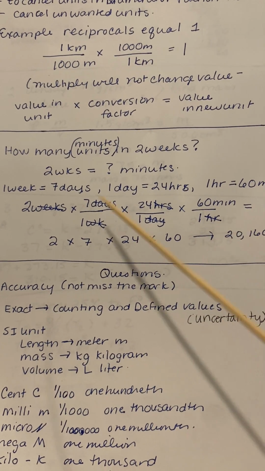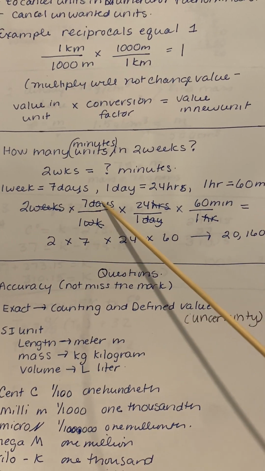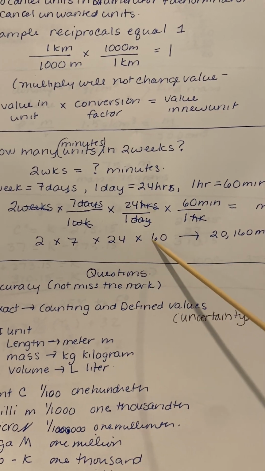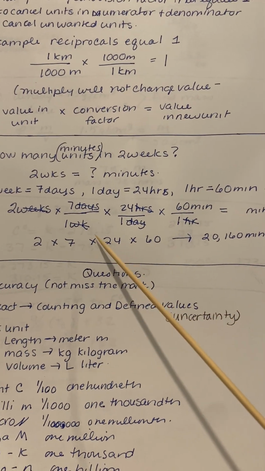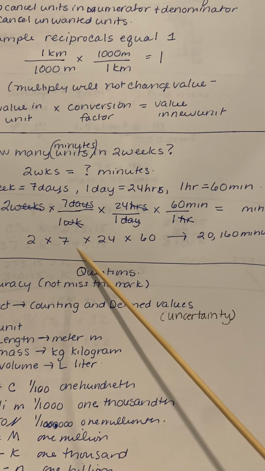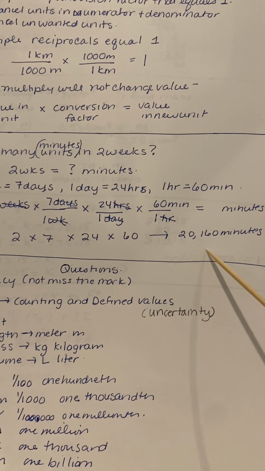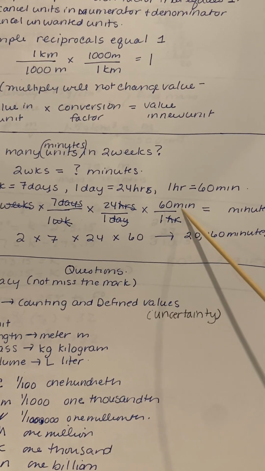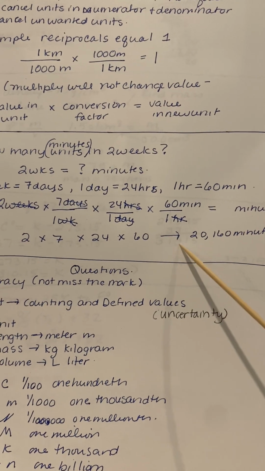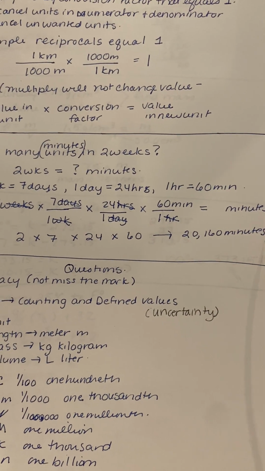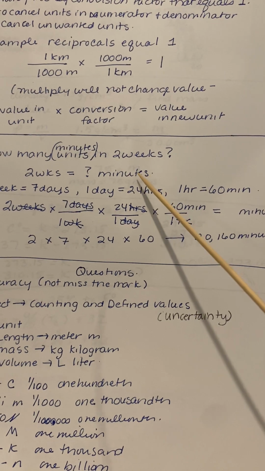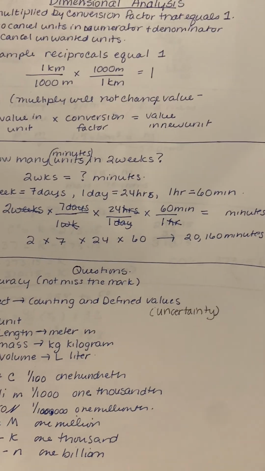So we can say 2 times 7 times 24 times 60. If you multiply those numbers out, you'll get 20,160, and then you have minutes left. So 20,160 minutes are in 2 weeks. Isn't that kind of fun to do?